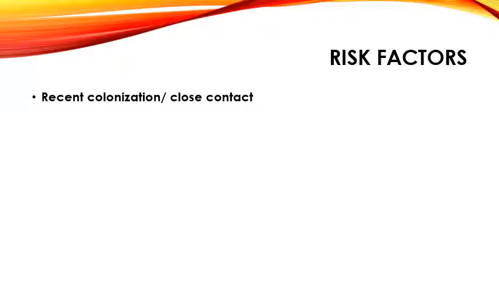In close contact we can have household persons. It can be a maid, it can be other members of the family. Very commonly seen in daycare centers, school and college dormitories. And the other reason for close contact is crowding and poverty, which is very commonly seen in our country.